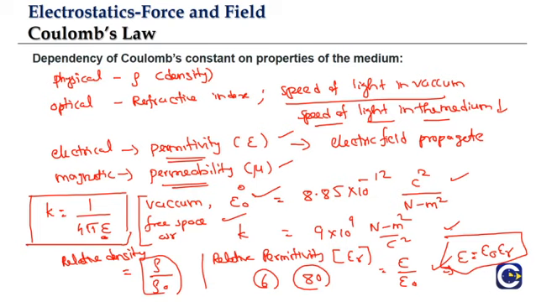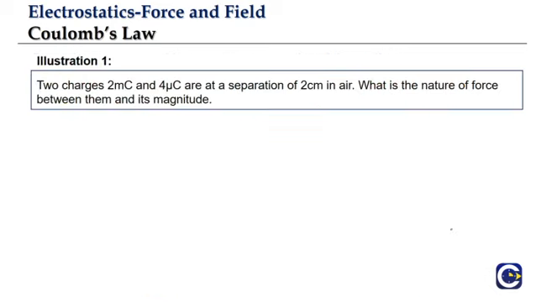Permeability is a magnetic property, and the value of K for vacuum or free space or air will be 9 into 10 power 9 in the SI system. To remember the permittivity values of different media, we will use the relative permittivity concept. Relative permittivity is the permittivity of that medium divided by the permittivity of vacuum or free space. So this is about the dependency of Coulomb's constant on the properties of the medium.